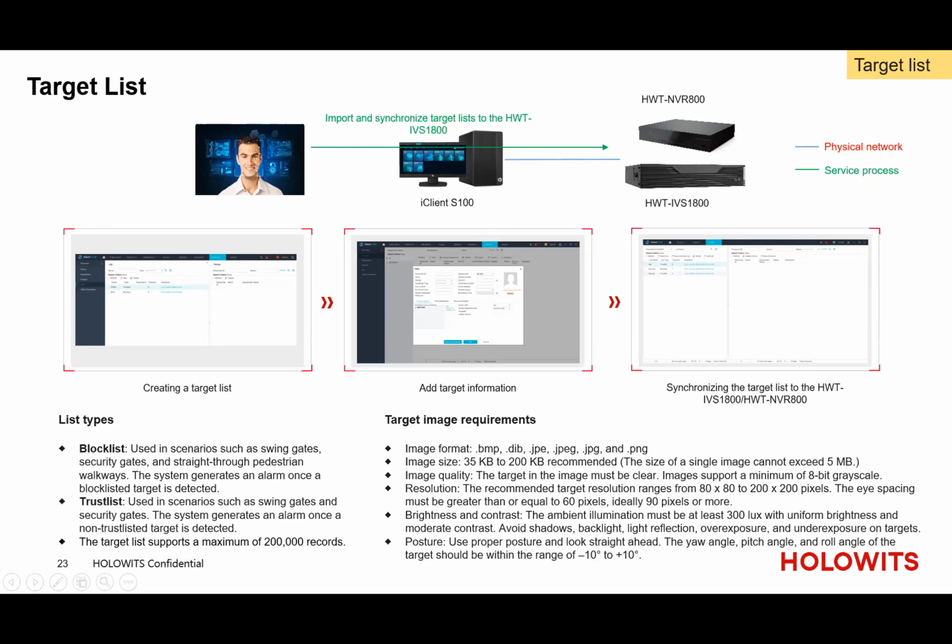Target alert functions are usually used in scenarios such as swing gates, security gates, and building entries and exits. Just like this. And the prerequisites. And this is the alarm page.